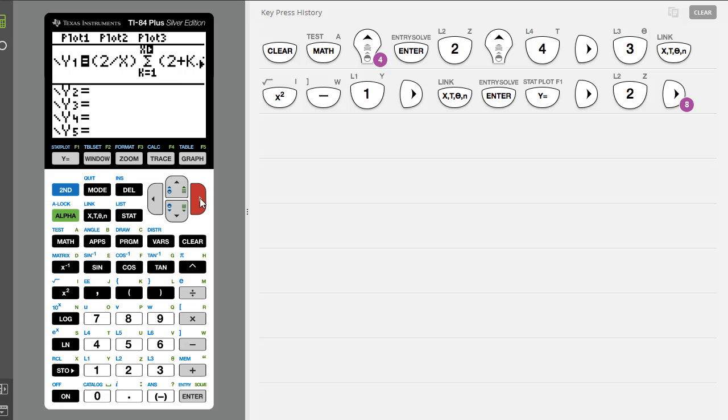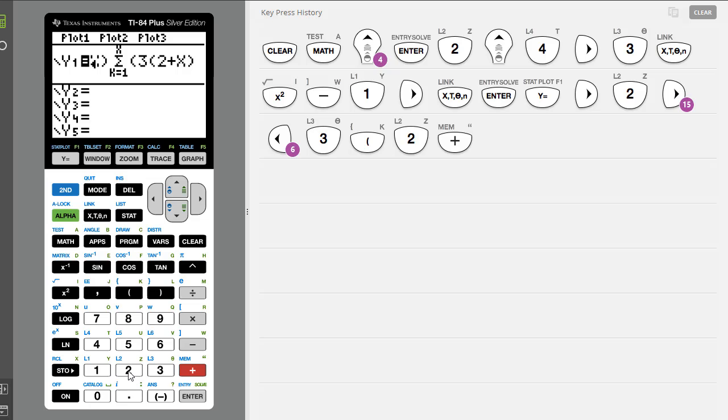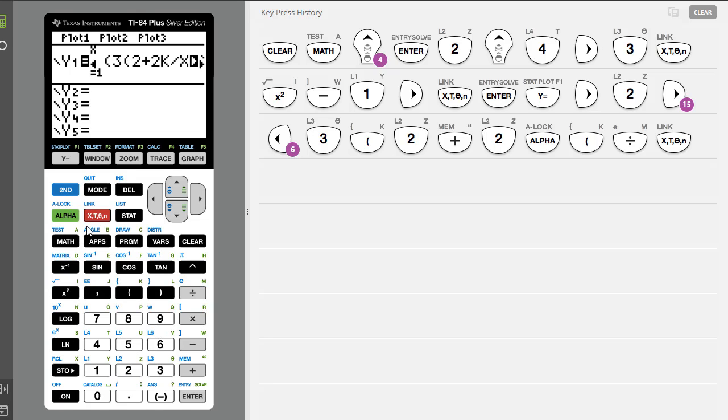And then over here is where we're going to put in our actual expression, which is going to be 3 times (2 plus 2k over x) squared, okay, minus 1. We want the summation of all of that.